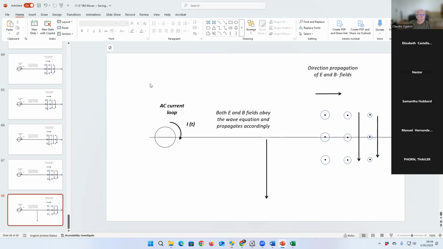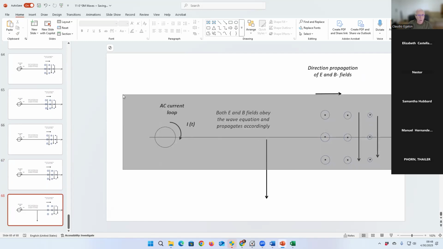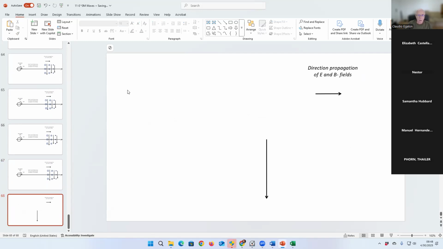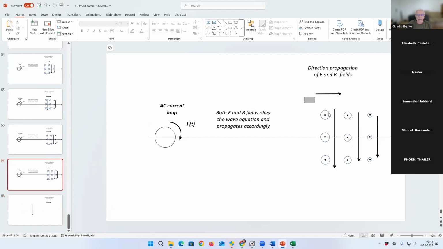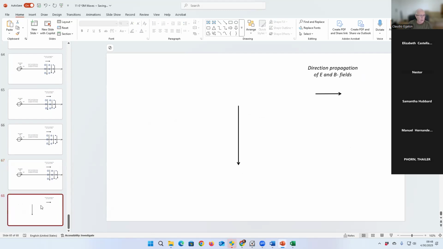I'm going to have here, let's say, the electric field, right? The magnetic field is represented by the circle with a tip there at the center of the circle, like that. And the direction of propagation is going to be perpendicular to both vectors. Okay, here you go.